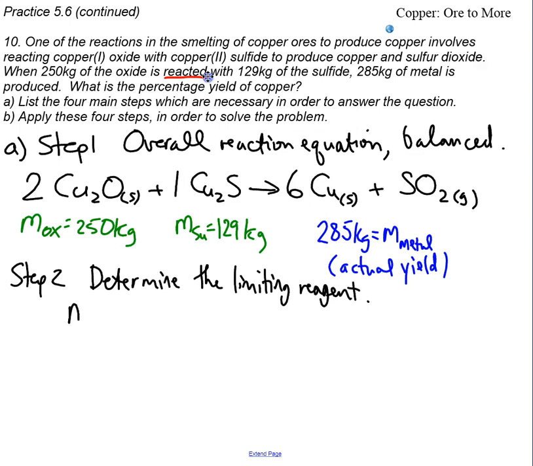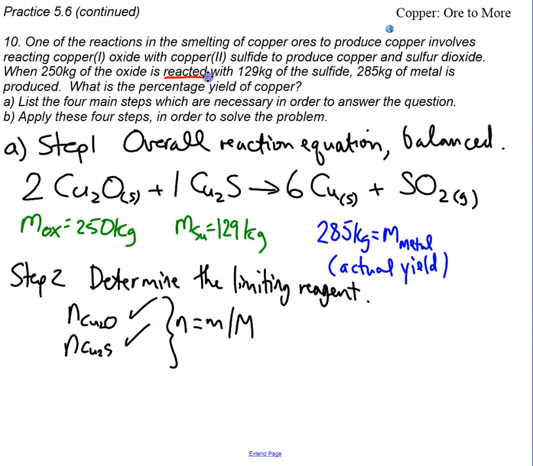It requires moles of copper 1 oxide. It requires moles of copper 1 sulfide. Both of those have to be determined from moles equals mass over molar mass.